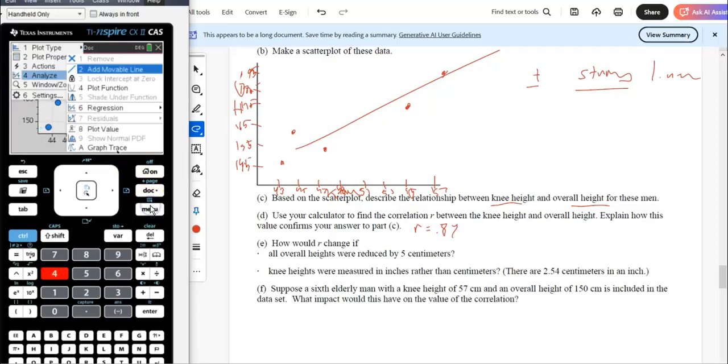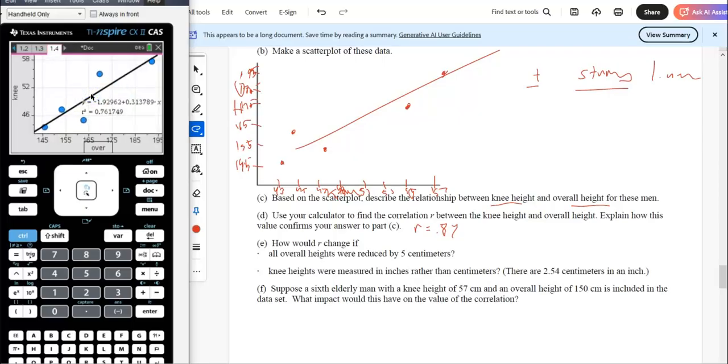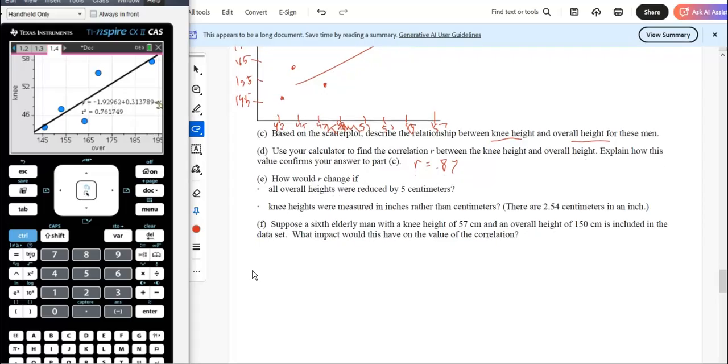So we're going to do analyze and go regression A plus BX. Okay, so R squared is 0.76. So if I change this over, make that the predicted or the explanatory, it doesn't change R squared. R doesn't change. It's pretty resistant to those kinds of things, so it doesn't change for those.